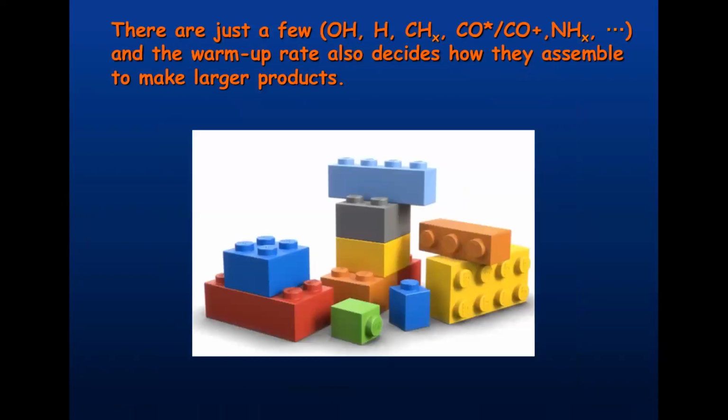And so, well, they are NH radicals, CO plus or CH radicals. And the way you do the warm-up, faster or slower, is also essential, not just the type of irradiation that you use. So at the end, you end up with similar products.